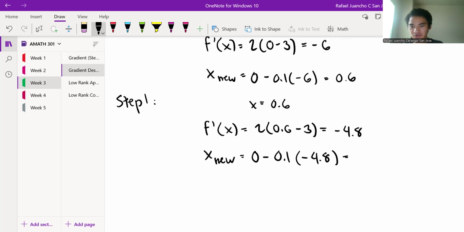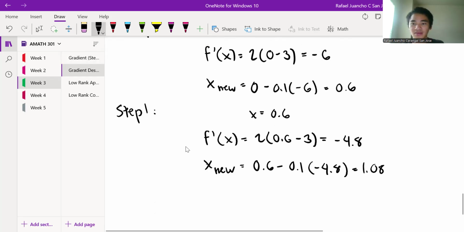And my new value would be 4.8 times 0.1, which gives me, oh, I forgot. So it's not 0 anymore. My old is not a 0. It's actually 0.6. Then my learning rate is still the same. And this would give me 1.08, right?